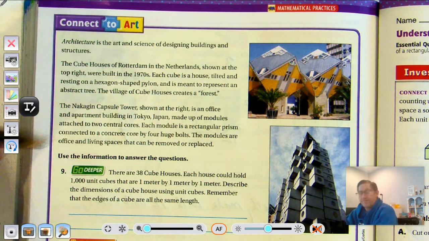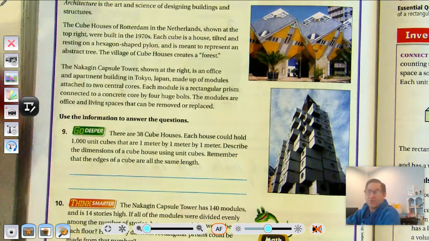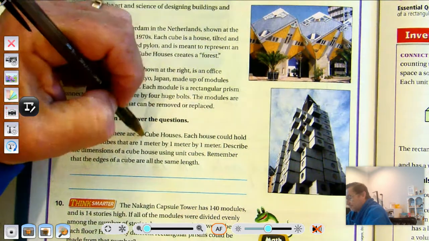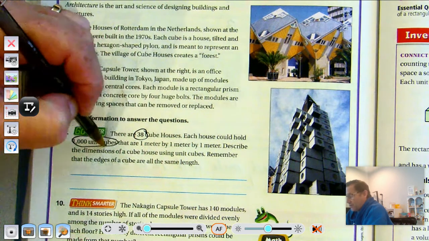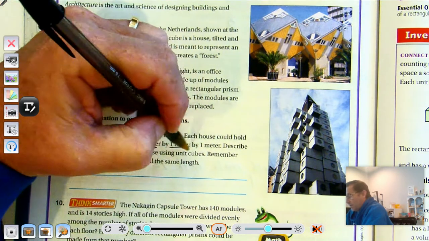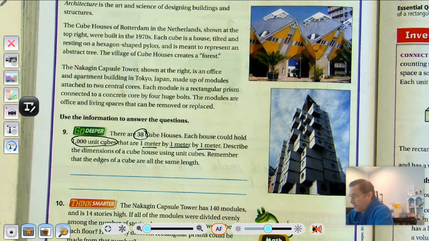Okay, so use the information to answer these questions. There are 38 cube houses. Each house could hold 1,000 unit cubes that are 1 by 1 by 1. Describe the dimensions of a cube house using unit cubes. Remember that the edges of a cube are all the same length.